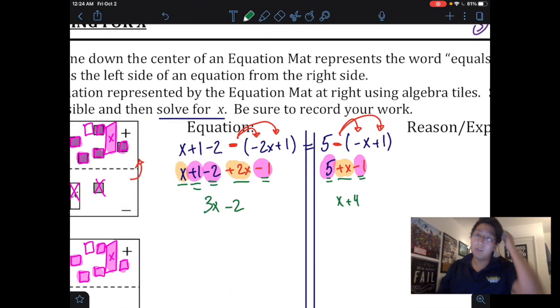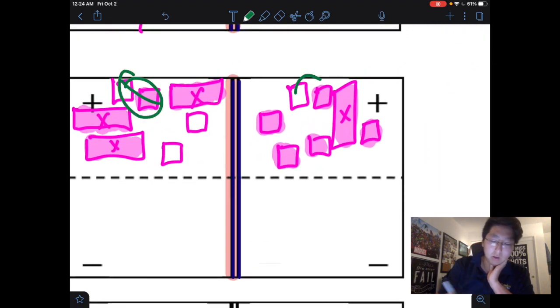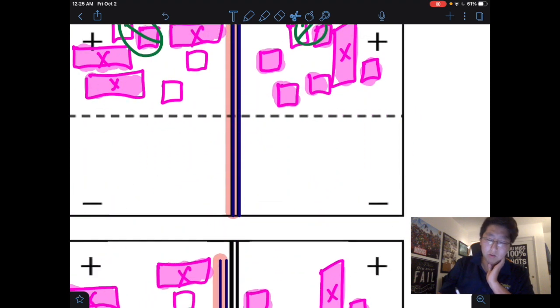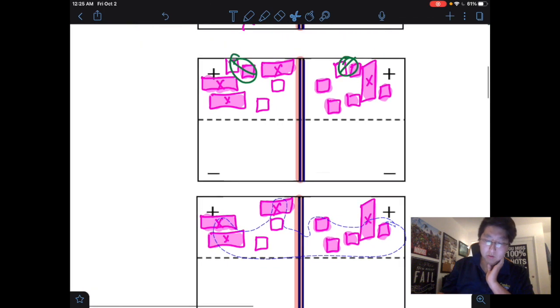Okay, so once we combine like terms, that's the same thing as creating zeros. I'm going to go ahead and create zeros. We should be able to duplicate the remaining portions. So notice I did not grab the zeros, the 0 pairs.